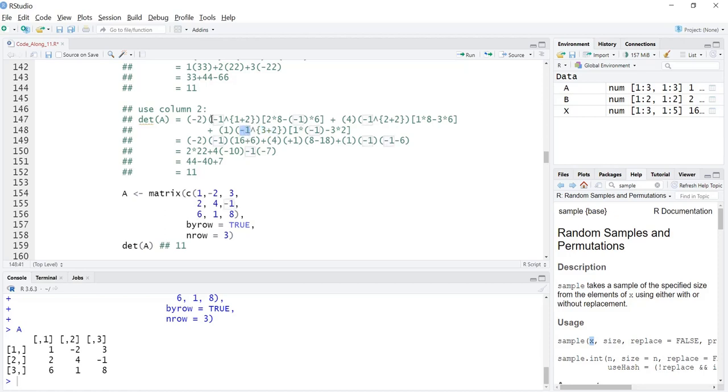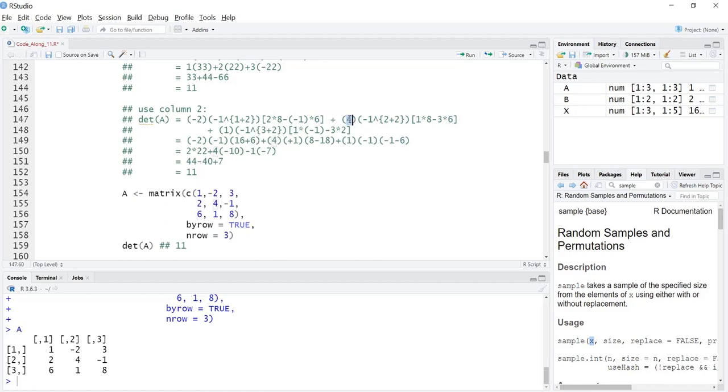Okay, so I simplify. Negative 1 cubed is going to be negative 1. I left everything else the same. And negative 1 to the 4th here is going to be positive 1. And then negative 1 to the 5th is going to be negative 1. Then I also multiplied. So I have 2 times 8 is 16. And then I have a minus negative 1, which is going to be positive, and then 6, so plus 6.